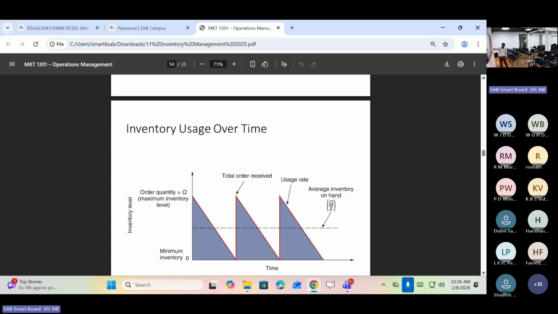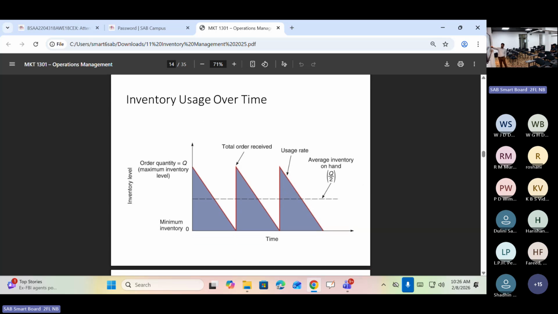And accordingly, as you know, this is how inventory levels for each item would behave. That's the order quantity that you order. It's called Q. When you order that amount, you get the total order at once. So the maximum inventory level equals the order size, order quantity Q. And then the demand for the item is constant.